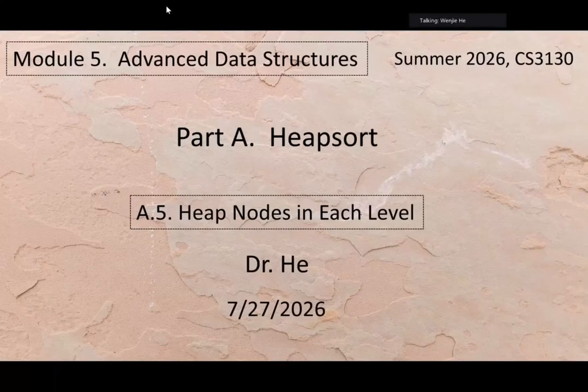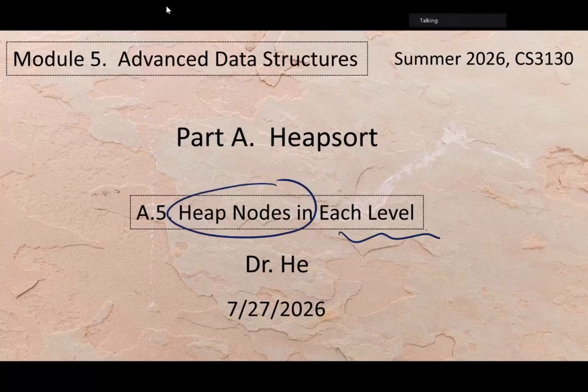In order to estimate the cost, we need to really study the heap nodes in all the levels in the heap. That information is very important to estimate the total cost.